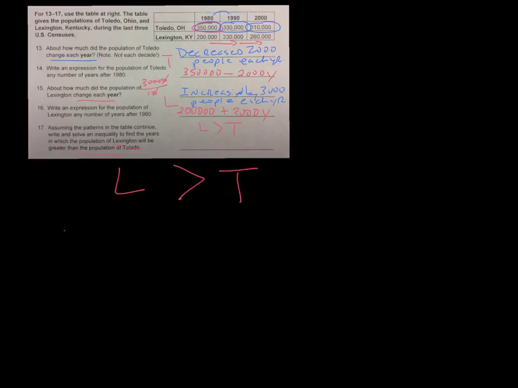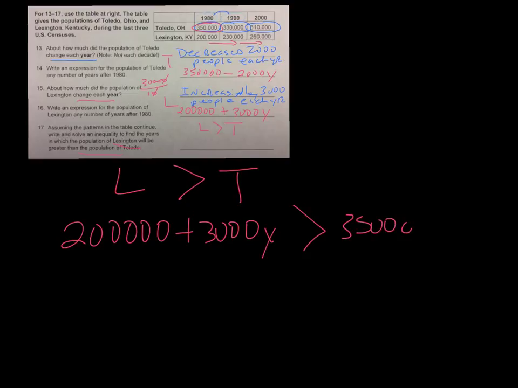Lexington is 200,000 people plus 3,000 per year. And it's got to be greater than Toledo, which is 350,000 minus 2,000 per year.